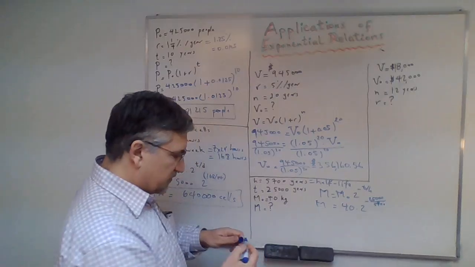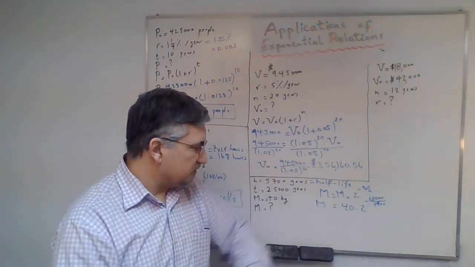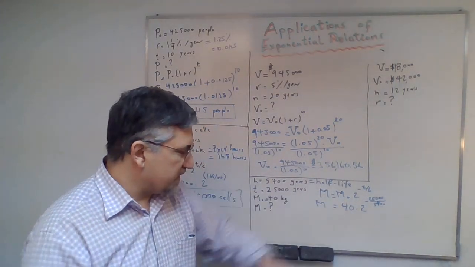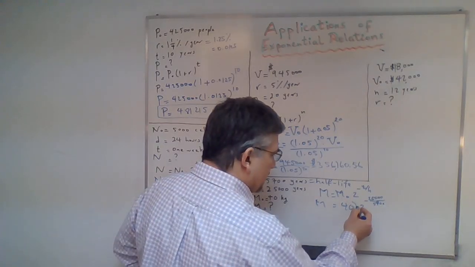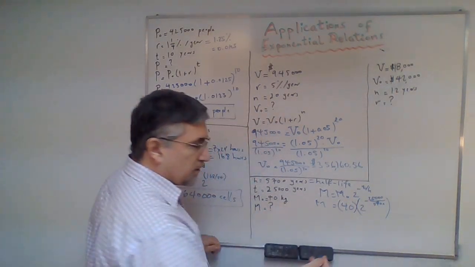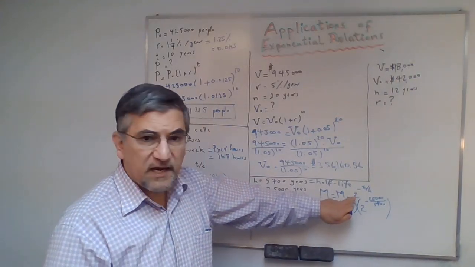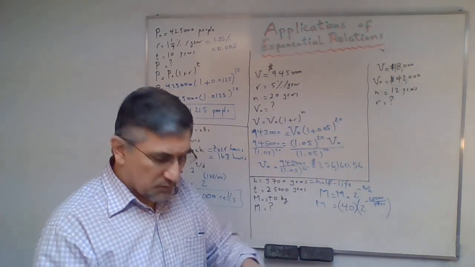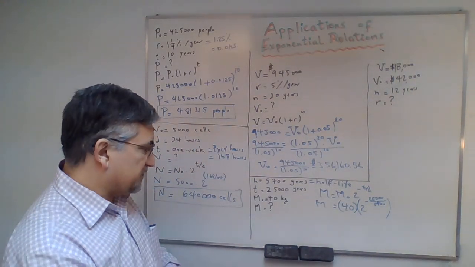So the numerator 25,000, the denominator 5,700. The exponent is negative, and we are multiplying 40 by this power with the negative exponent. Or you could have written 1/2 instead of 2, and then the exponent would be positive, as I said before.